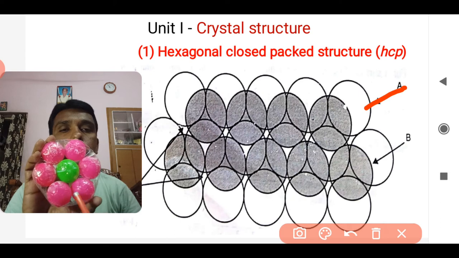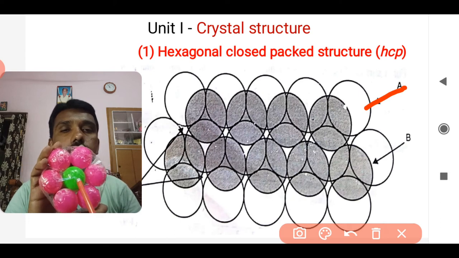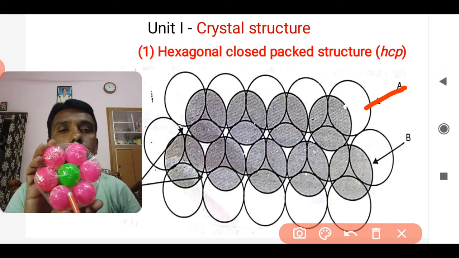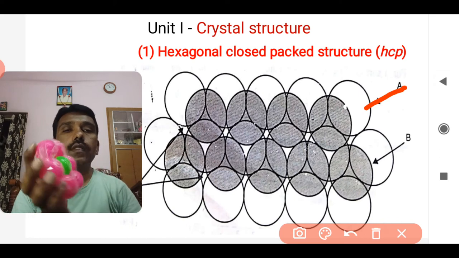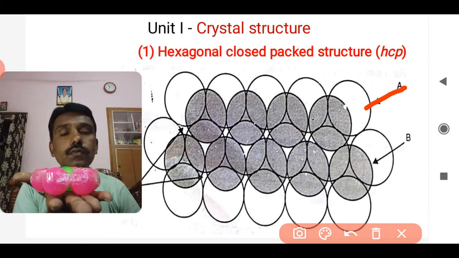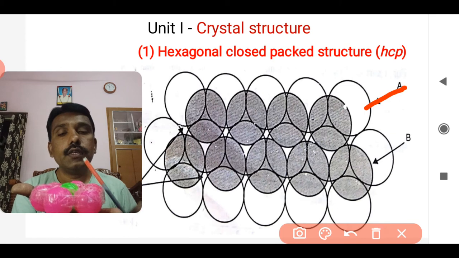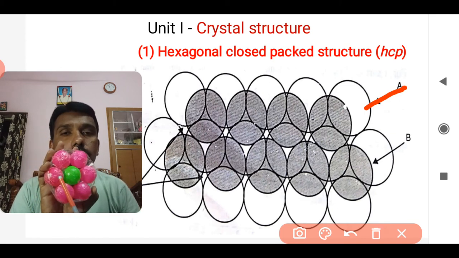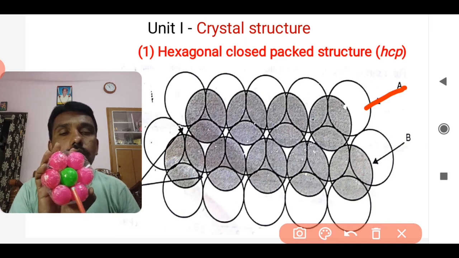Look at this center one, and then the six: 1, 2, 3, 4, 5, 6 atoms. This is your first layer. Now this first layer has some grooves, that is gaps. These are the grooves of the A layer.